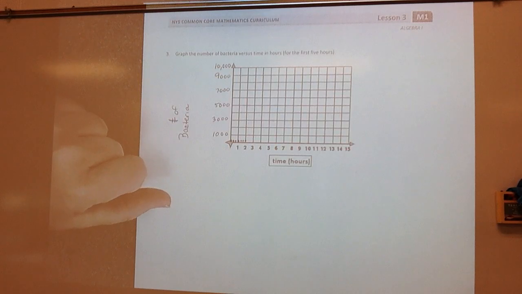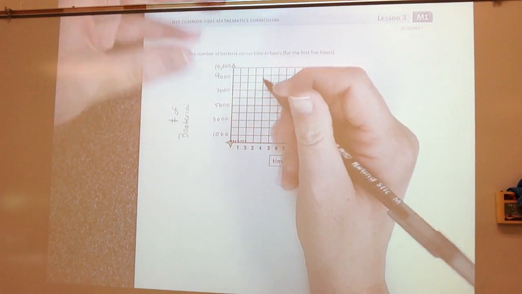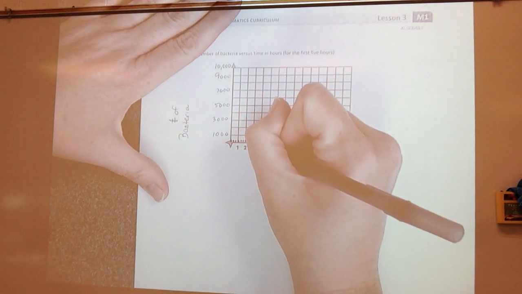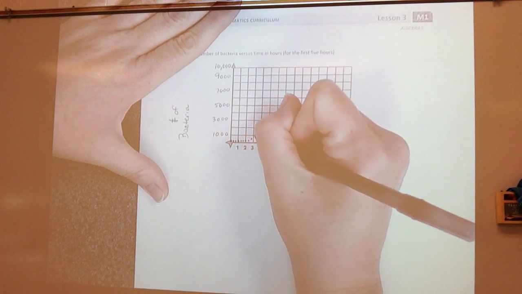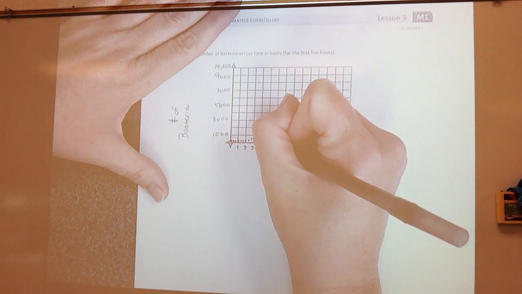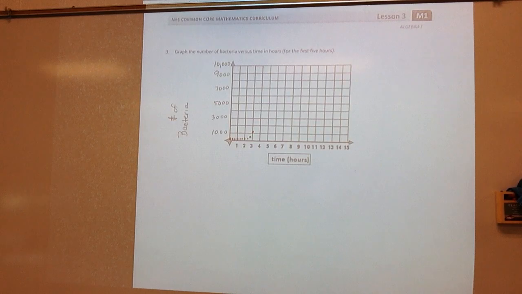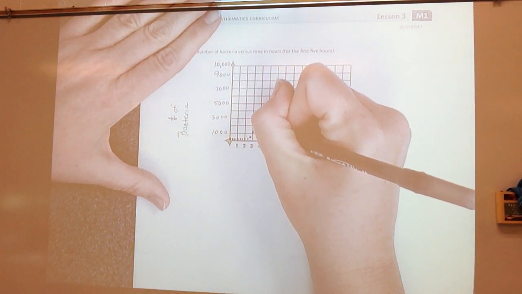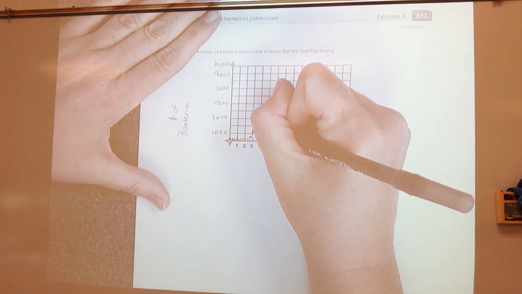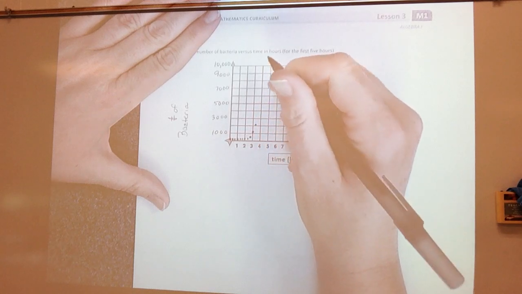All right, so then I've got 256, and then I've got 512. At 3 hours, I am now starting to get above that 1,000. All right. Then I got a little over 2,000. Then I've got a little over 4,000.